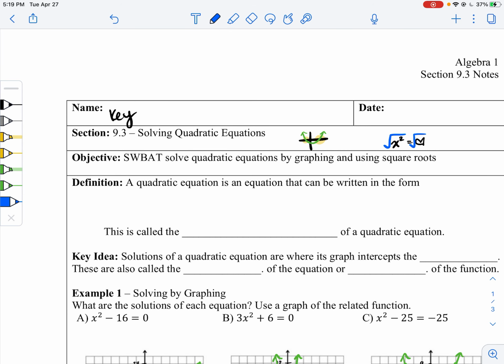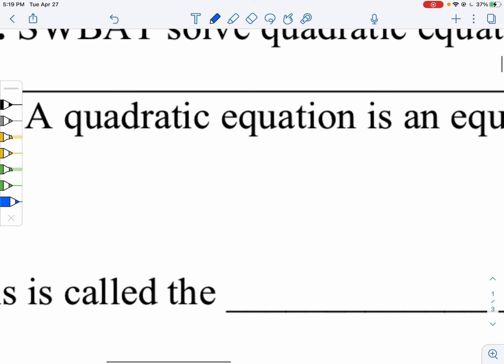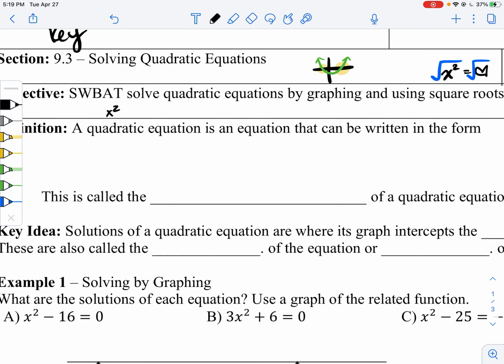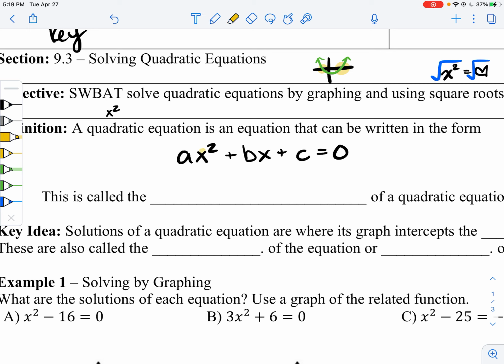So anyway, a quick review. Remember that quadratic means squared. So a quadratic equation is one that looks like this. You have some number times x squared plus another number times x plus some other number equals 0. You're trying to figure out what x equals to make this whole expression equal to 0.